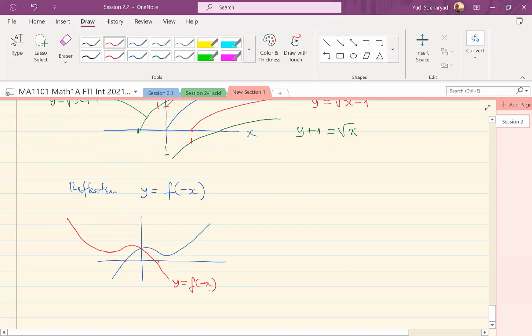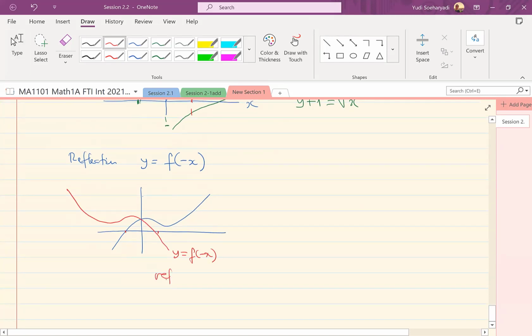So that means reflect, you can say, with respect to the y-axis.